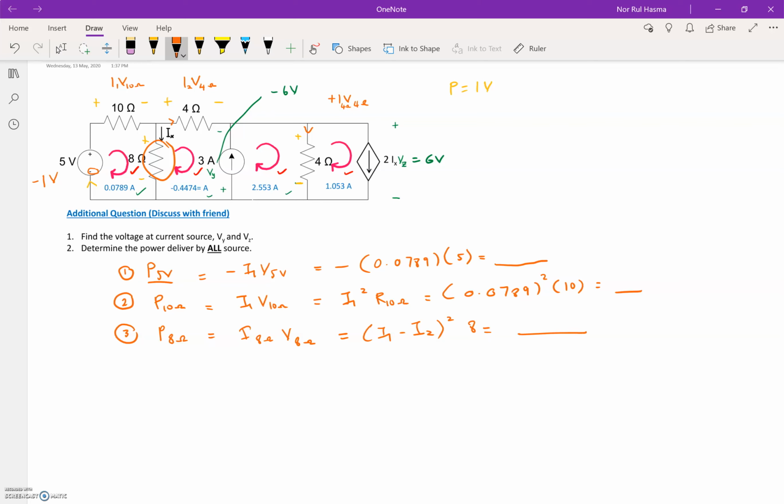Okay, so I already converted by this one, I squared R.